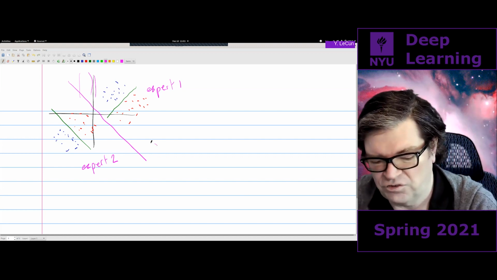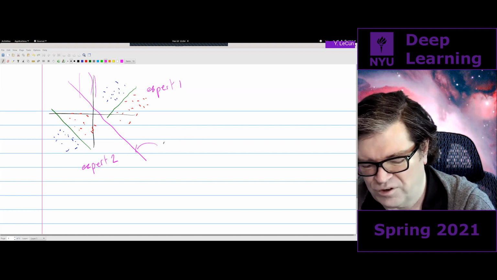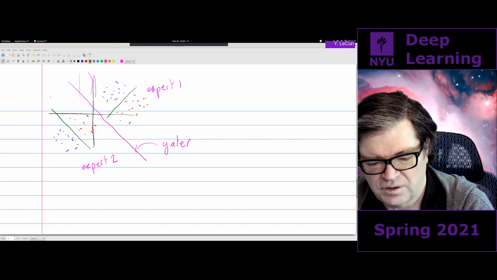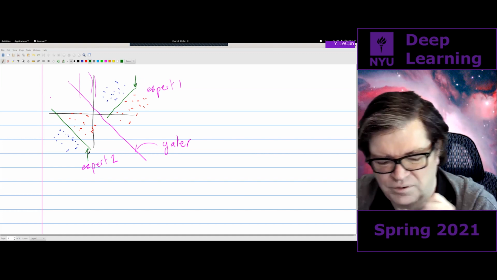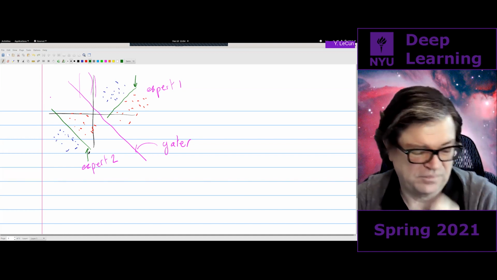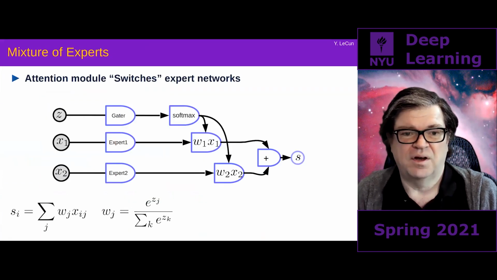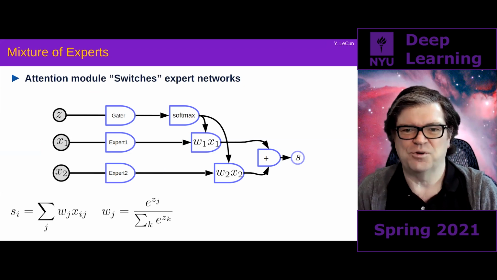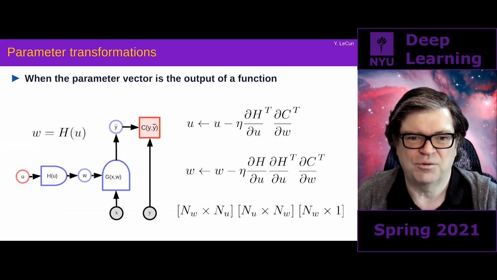This is the discriminative surface from the gator, this one is for expert 1, and that one is for expert 2. But this is not limited to this. You can have huge networks in those experts. You can have modules of this type inside of a network if you want.